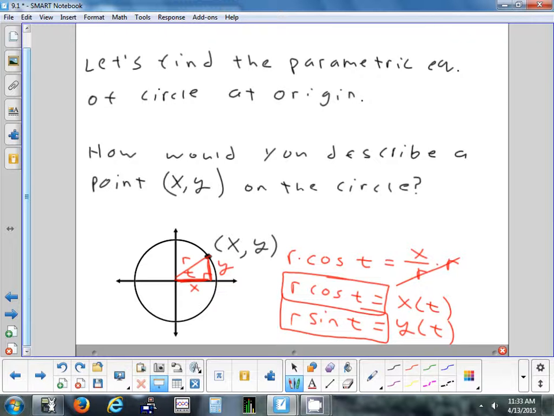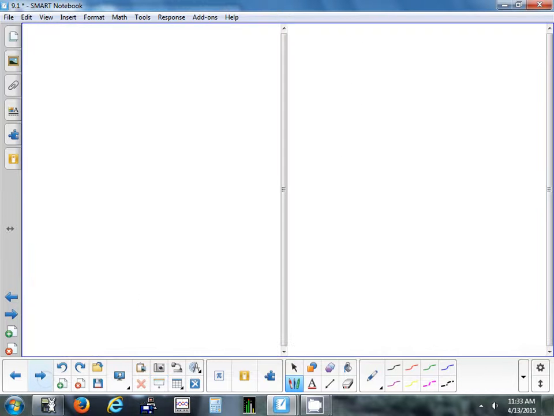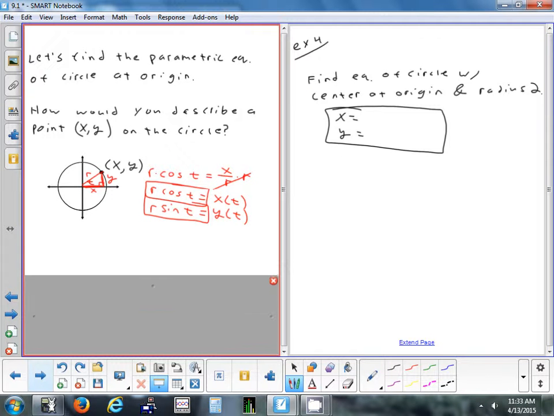All right. In fact, that's going to be our next one. I want to know what the equations would be for a circle. This is going to be centered at the origin with a radius of 2. What would be the equation for x if the circle is going to have a radius of 2? Colby?